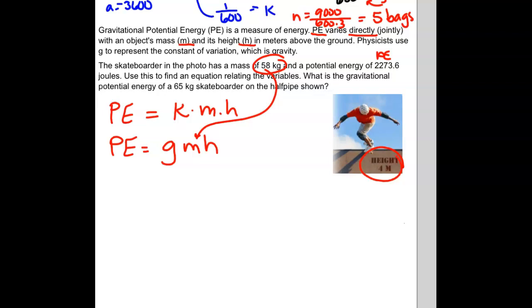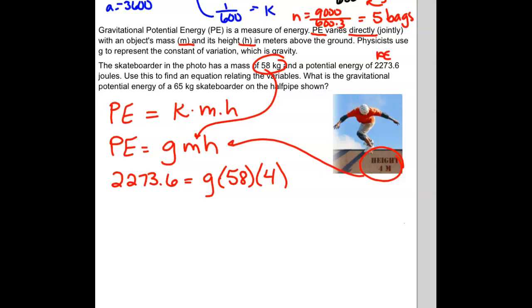Notice over here, it's kind of blurry, but the height of the skateboarder is 4 meters, so that's going to be our h value. So our potential energy was 2,273.6. We don't know our gravitational constant. We know our mass is 58 kilograms and our height is 4 meters.